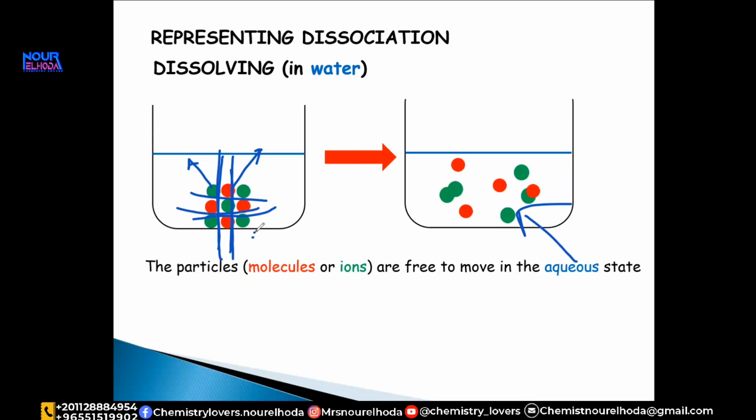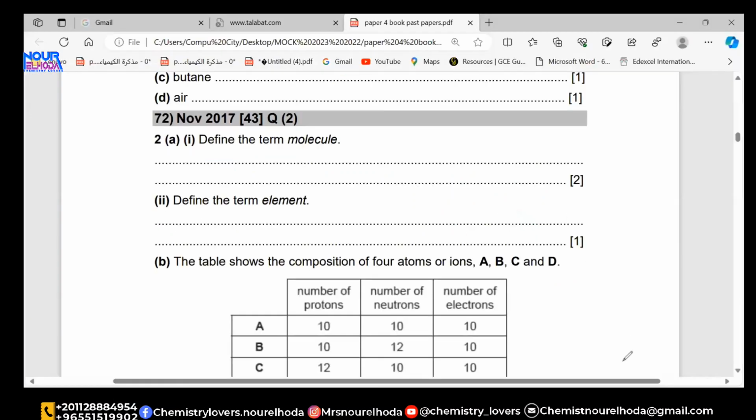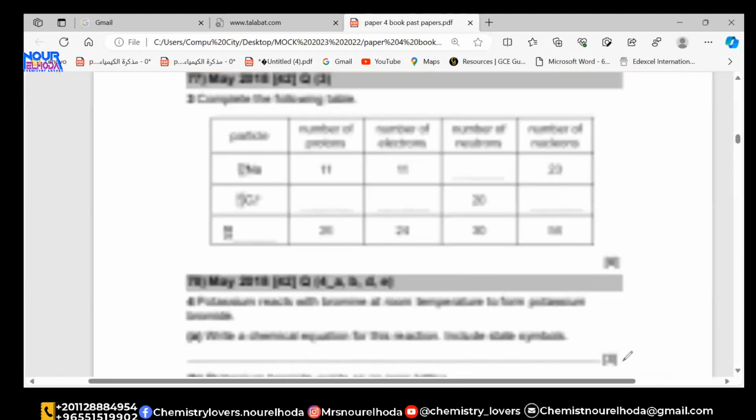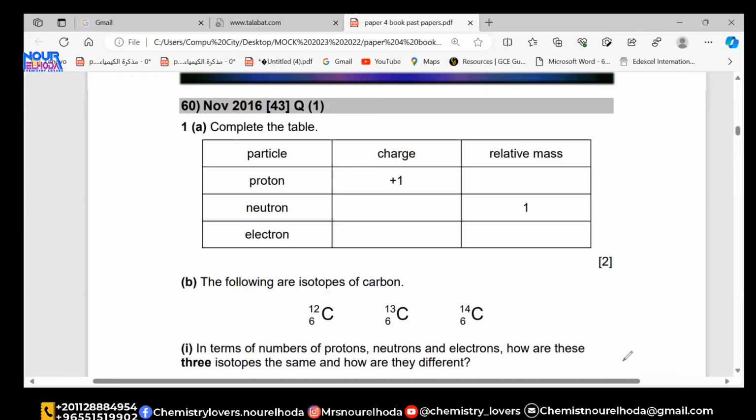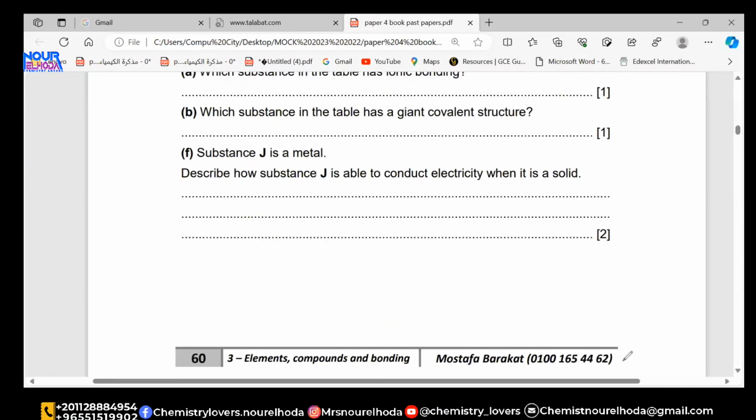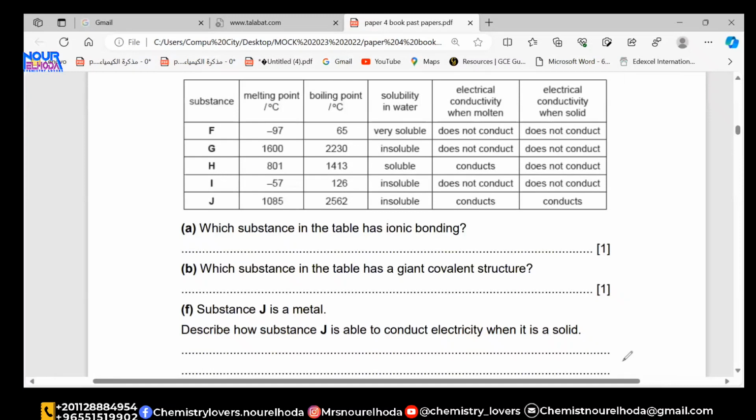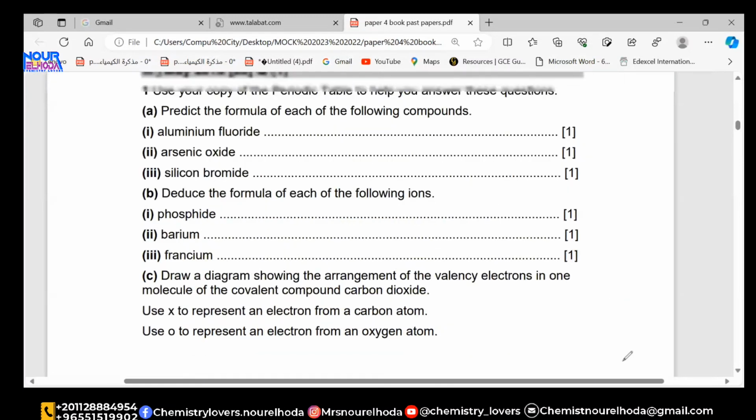Okay. I also want to show you a different type of question, the questions of the tables. Sometimes the students don't know when a substance is a solid, when it is a liquid, when it is a gas, or when to choose an ionic compound or a covalent compound.